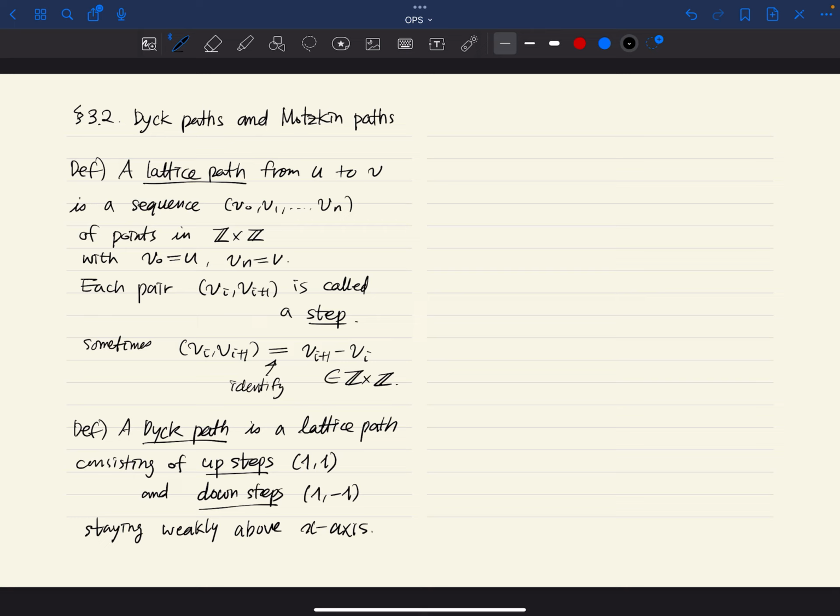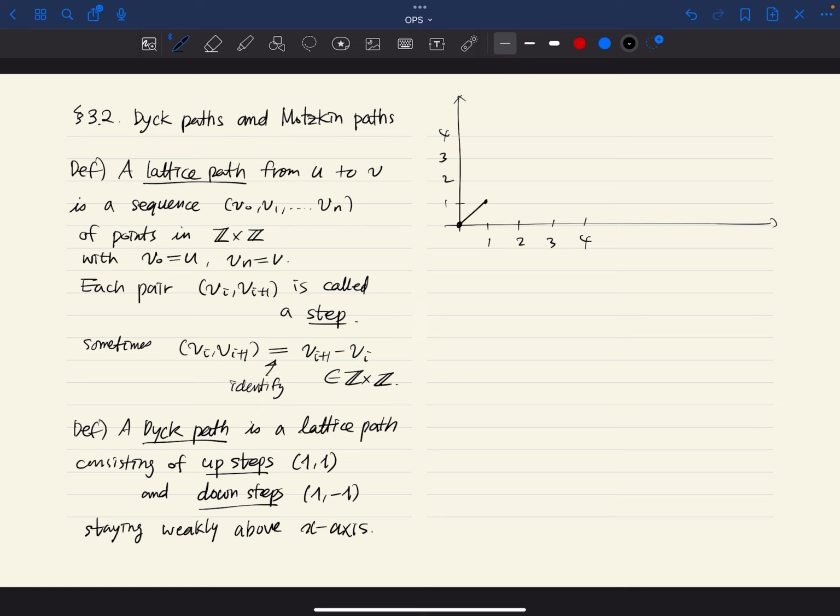And an example. Yeah, maybe a grid would be nicer. Okay, so let's say we start from the origin, and this step is (1, 1), so this is 1, 1, 2, 3, 4, like that.